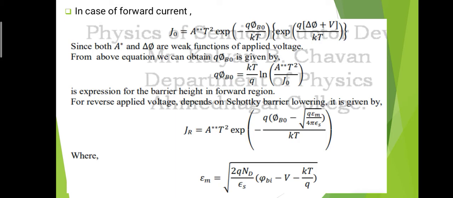Here epsilon m is the electric field at the metal semiconductor junction, which we have derived.